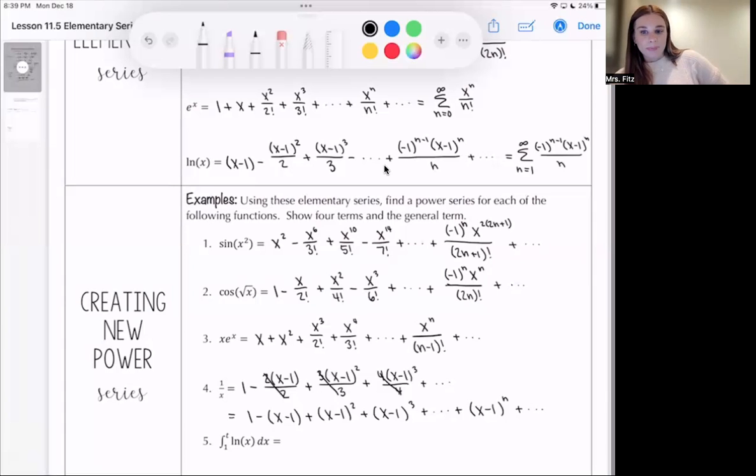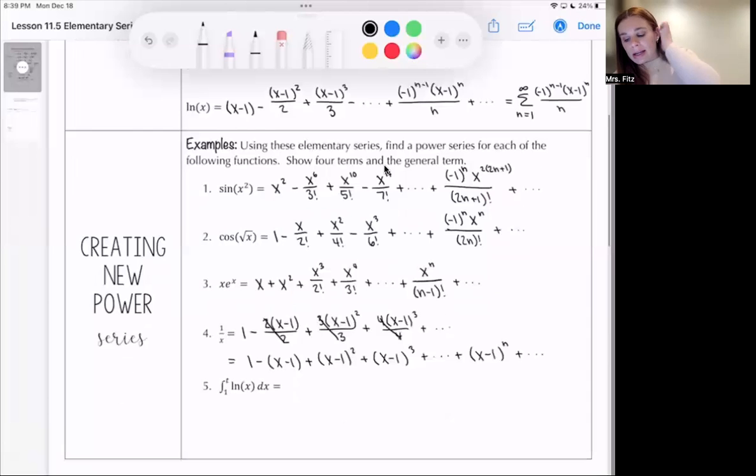Okay, last one, we are finding the integral from 1 to t of natural log of x, which means I am now integrating each term of natural log, and I'm going to evaluate it from 1 to t. Okay, so what we're going to do here is start by integrating each term. So the integral of x minus 1, let's see.